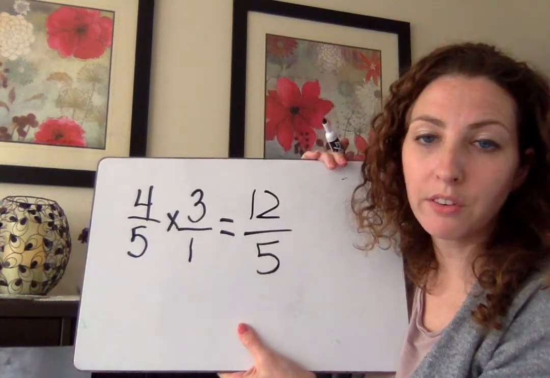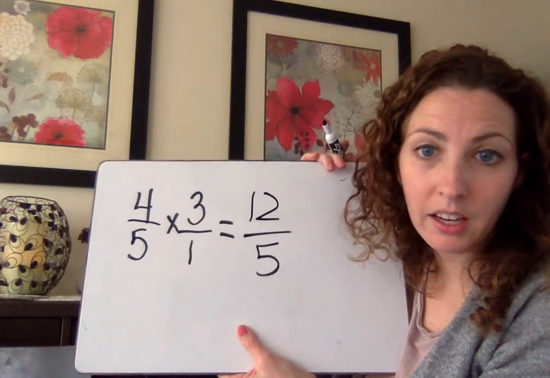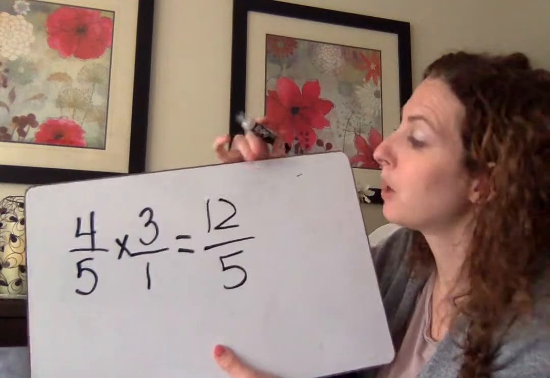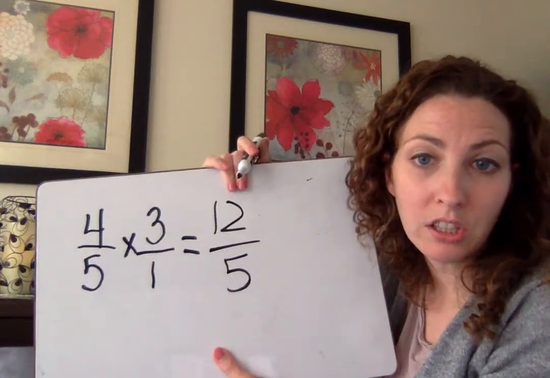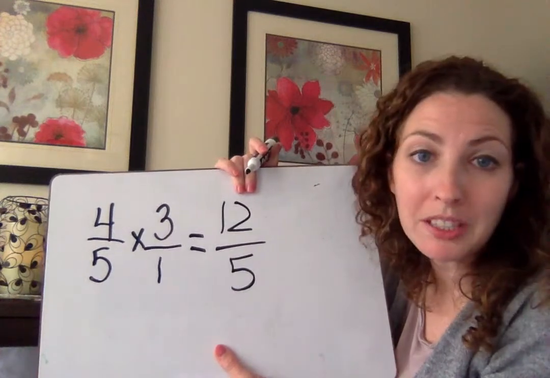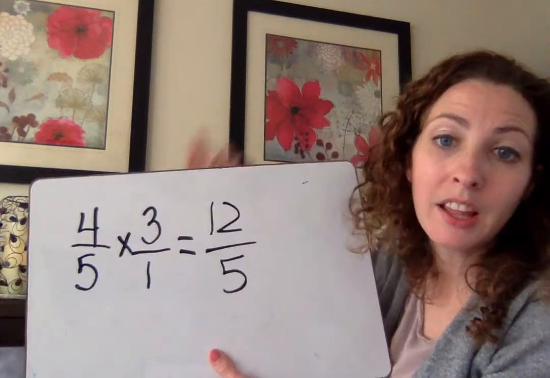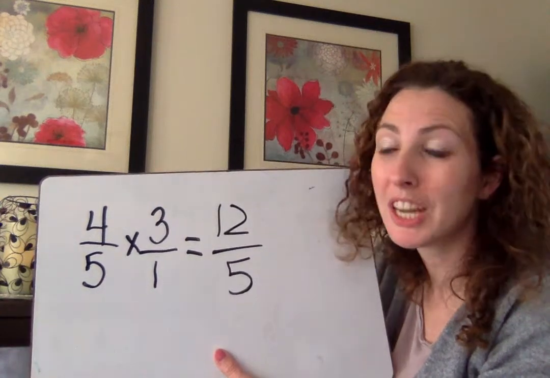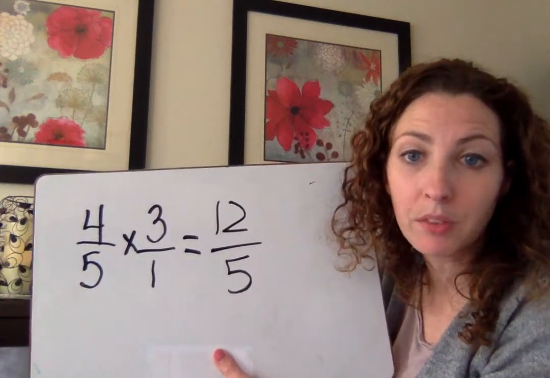So I've got 12 over 5. Now remember, I need to convert that. I need to change that to a mixed number because that's an improper fraction. If the number on top is bigger, so if your numerator is bigger than your denominator, that's called improper. And we need to make sure that we convert it or change it to a mixed number, okay?